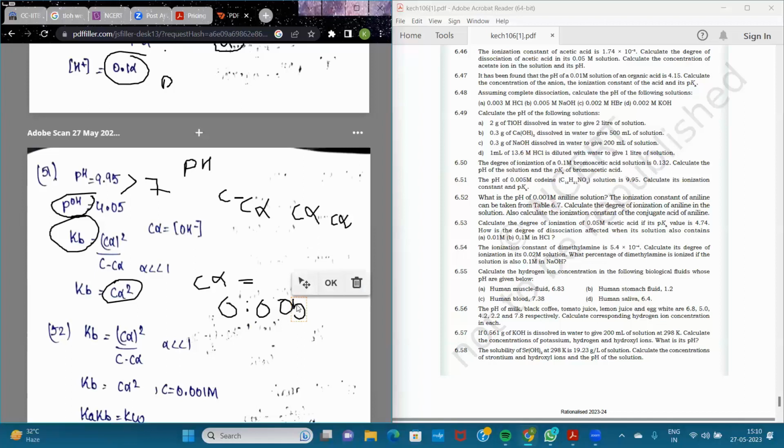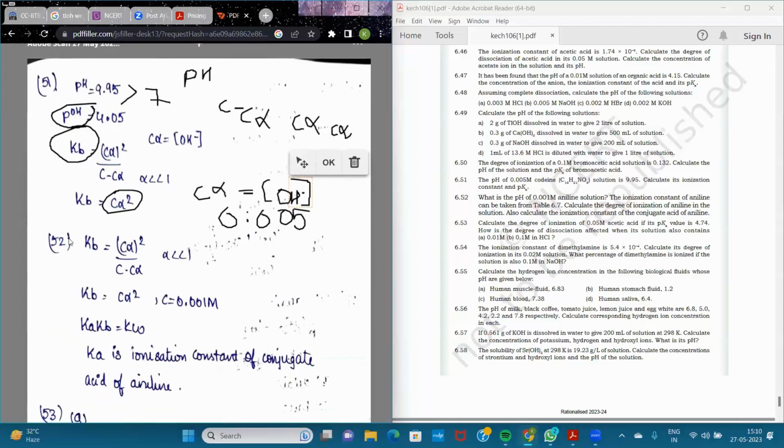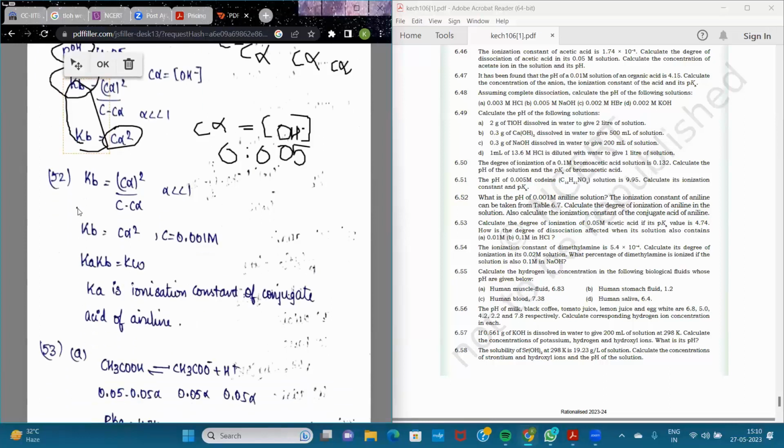So from that, we can get alpha value. C alpha is OH minus concentration. After getting the value of alpha, we'll substitute that in the expression of ionization constant of codeine, so we'll obtain Kb value. From this, we can calculate pKb value.